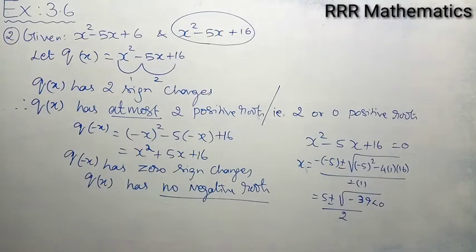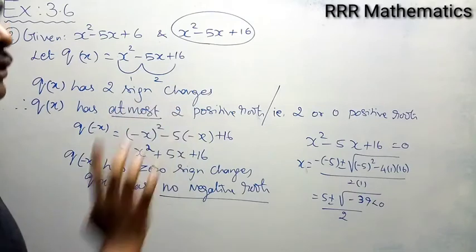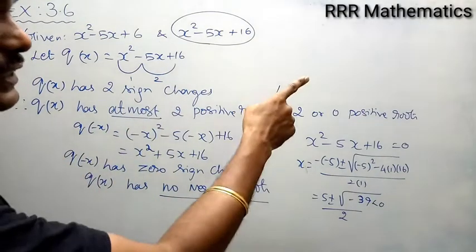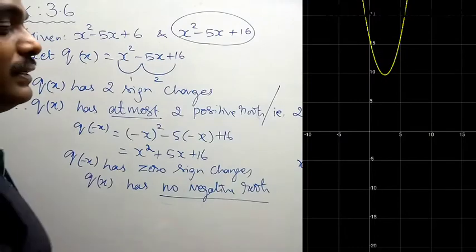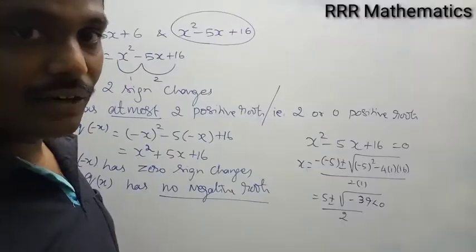Okay. So in this case, maybe the question asks how many positive roots maximum. So you would declare this Q of x as having at most two positive roots and no negative roots. But the exact answer, when you see the graph, of course they are asking about the graph, is that the graph shows the two roots are clearly imaginary. Got it?